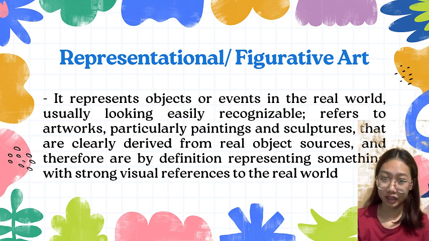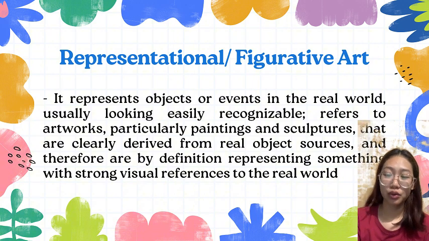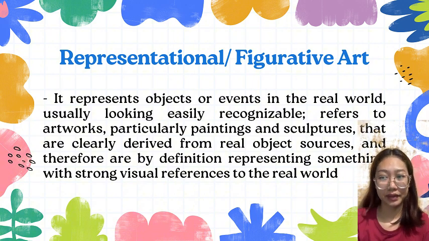It involves a clear visual reference to things we see around us: people, landscapes, animals, and everyday objects. It also reflects the real world, as I said earlier. It often conveys strong visual references, allowing viewers to connect with the subject matter instantly.